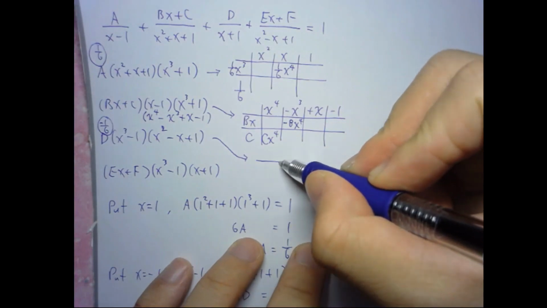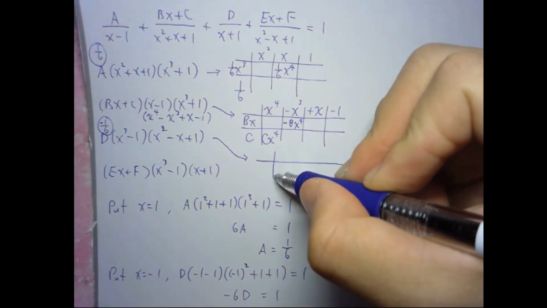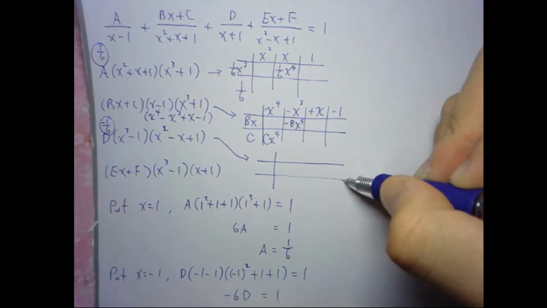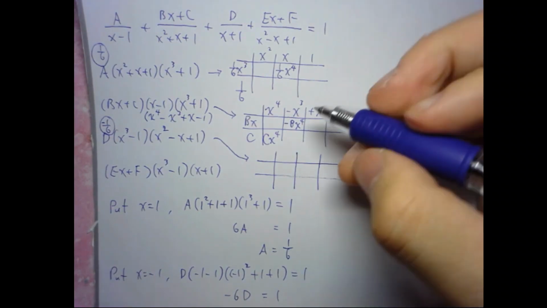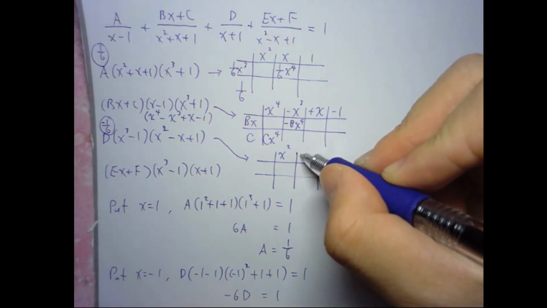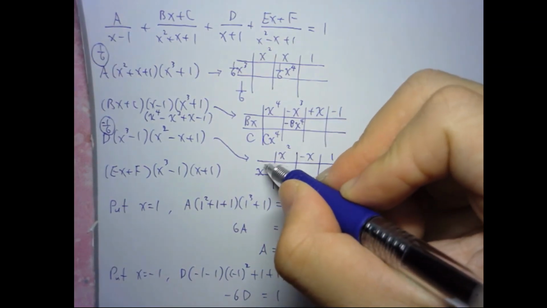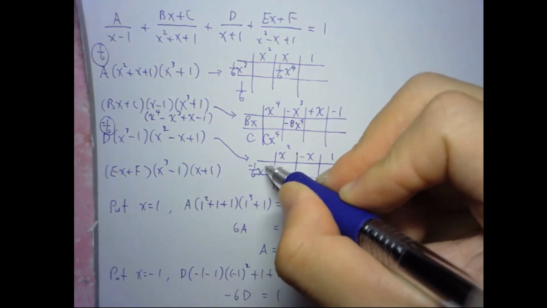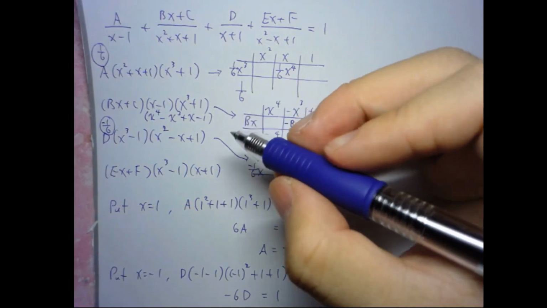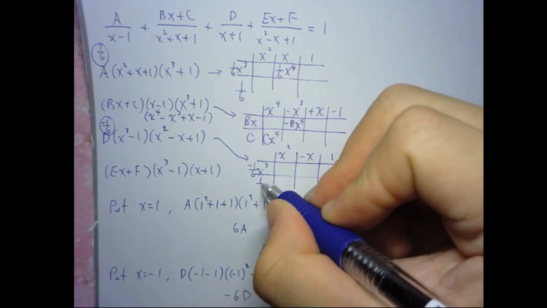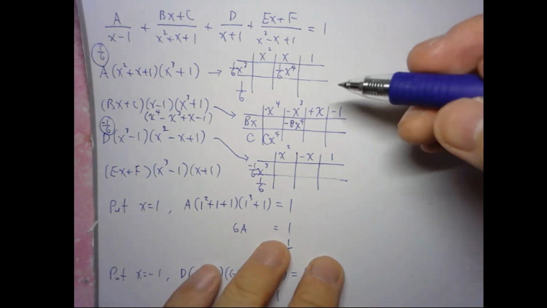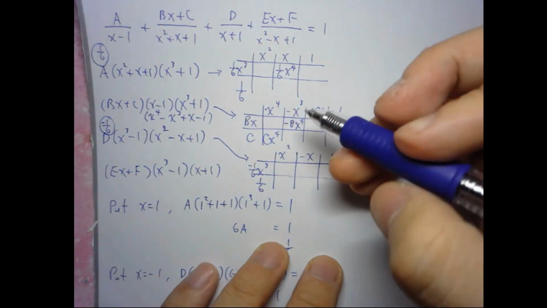So I will create a table like this. x squared, minus x, 1, and then x cubed. These are 1 over 6 x cubed, and then plus 1 over 6. Okay, I hope that is not so messy.